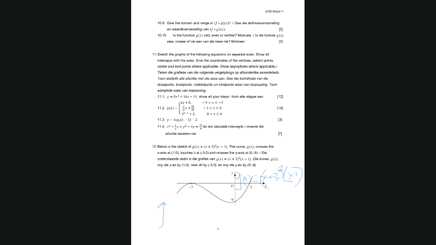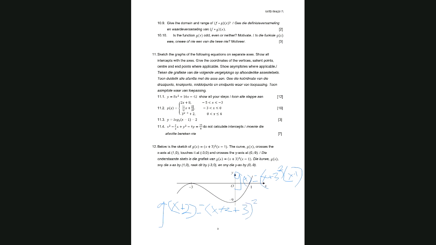Now g of x plus 2: wherever we have x, you are going to replace it with x plus 2. So we are going to get x plus 2 plus 3, all squared.